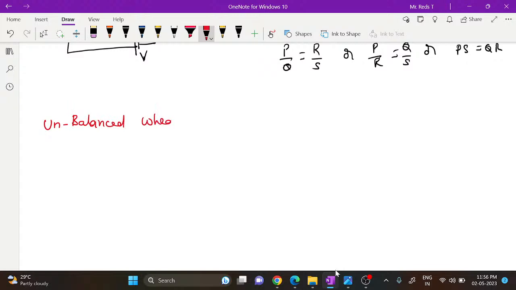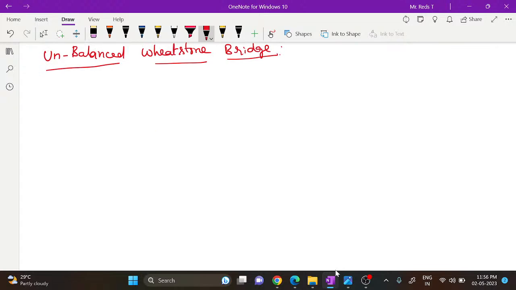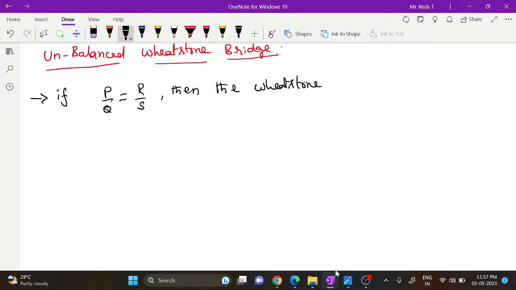In the same circuit, if P by Q is not equal to R by S, then the Wheatstone bridge is said to be unbalanced.